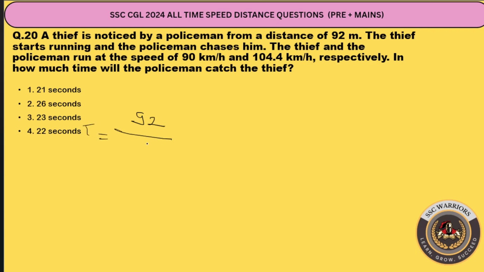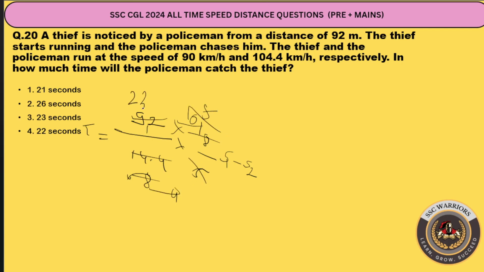They are both running in the same direction, so it will be S1 minus S2, that is 14.4 multiplied by 5 by 18, converting kilometer per hour to meter per second. So 23 seconds is the correct answer.